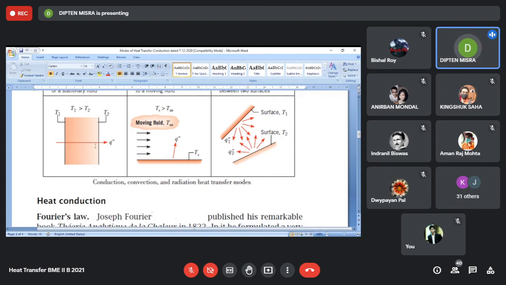Which is the smaller direction. Because this is a thinner dimension, the resistance to heat flow will be very small over this direction. The heat flow is something similar to your Ohm's law, where the flow is equal to a potential difference divided by a resistance.